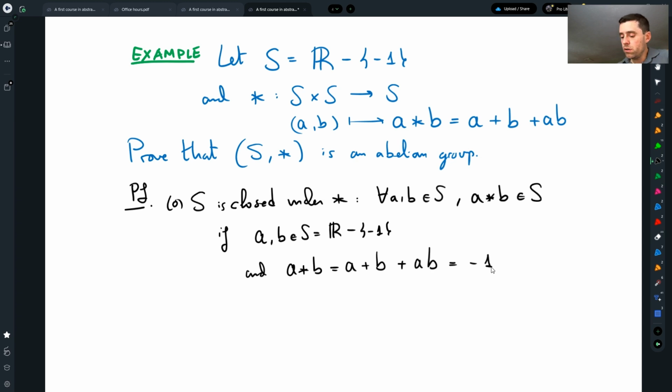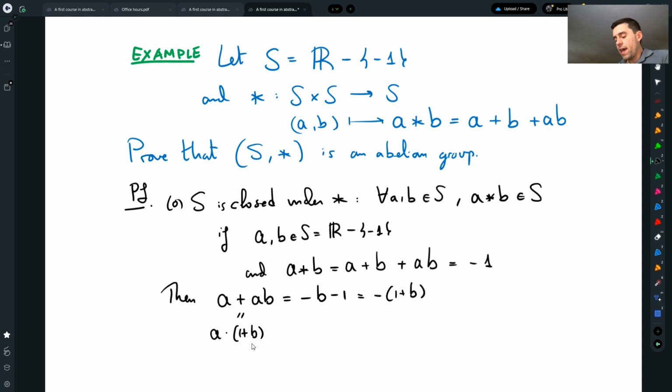If so, then A plus AB would be minus B minus 1, which is -1 plus B. And on the other hand, this is A times 1 plus B, and therefore we get that A times 1 plus B is -1 plus B.